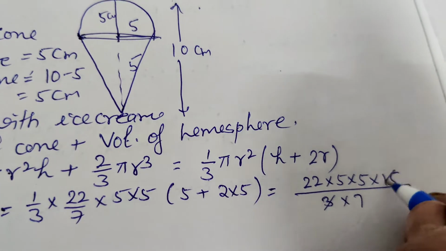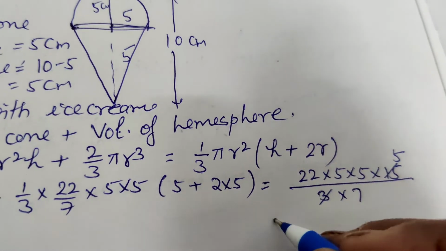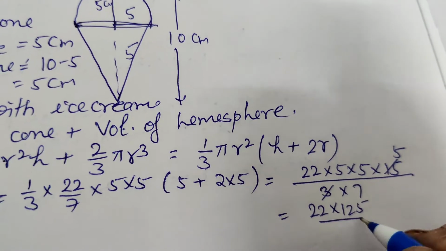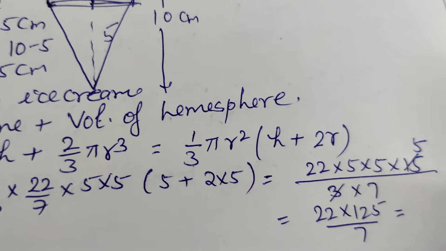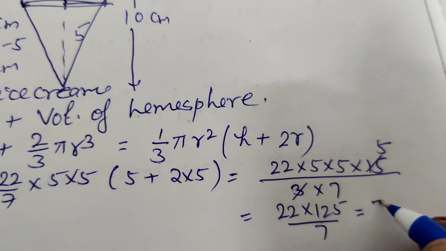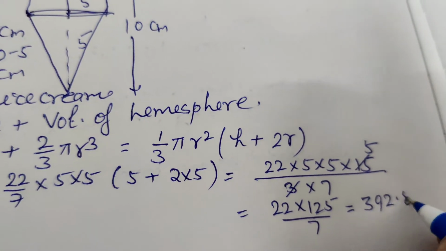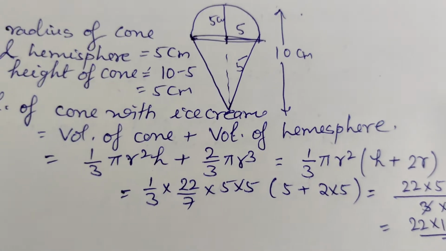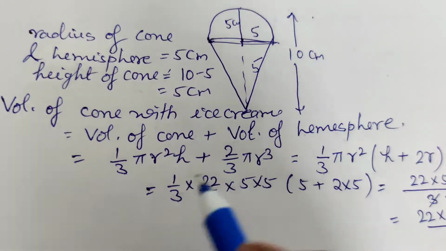Okay. 22 into 125 by 7. Multiply and we get 392.85 cubic centimeter. The actual volume of the ice cream is 1/6 of this cone.